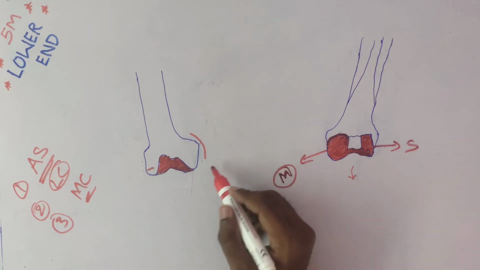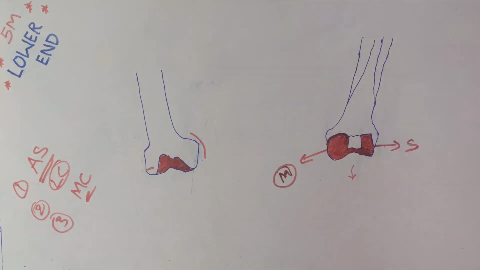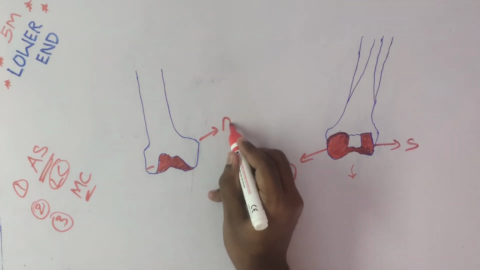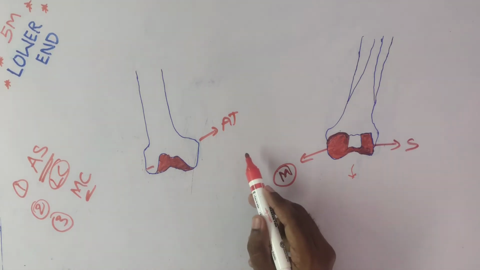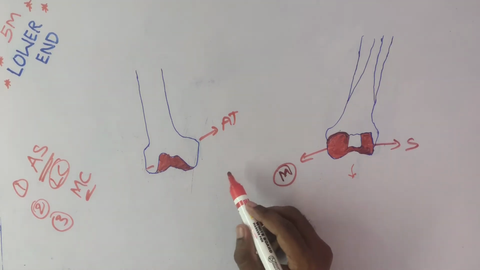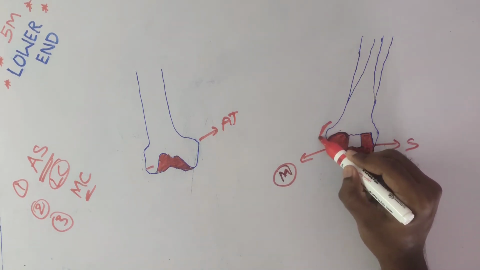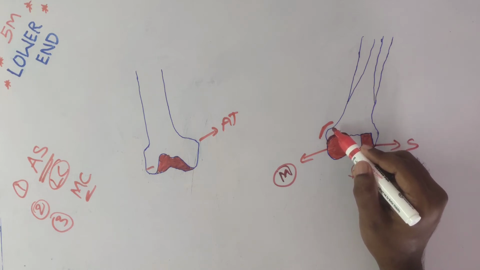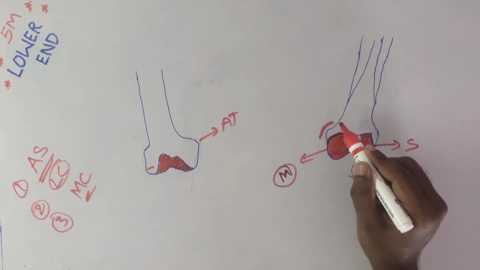The medial condyle has the adductor tubercle, posterior and superior to the epicondyle. This is the adductor tubercle, and this tubercle is a very important landmark.